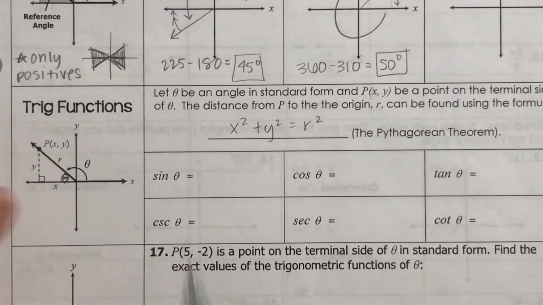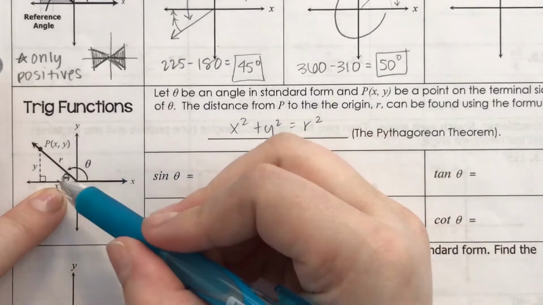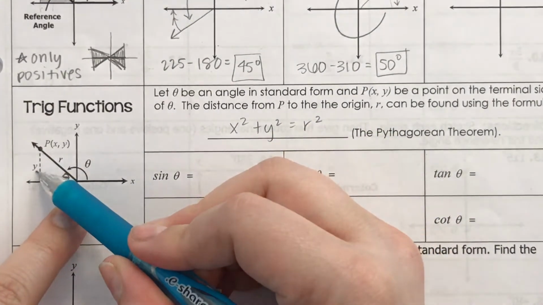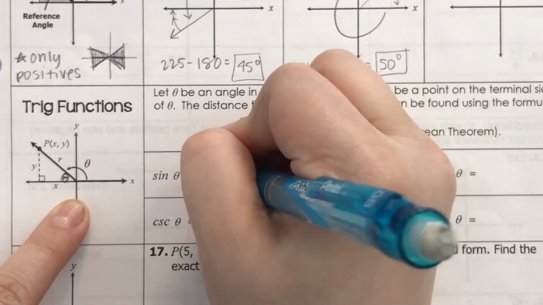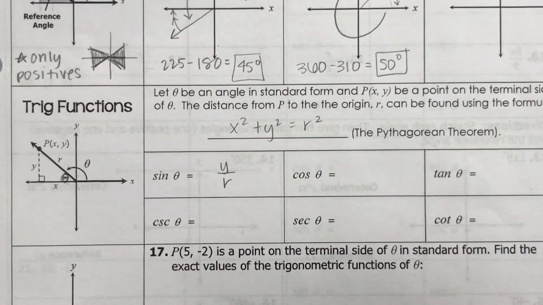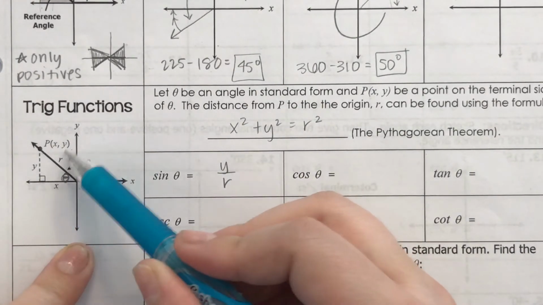Okay, so the sine of this theta is opposite over hypotenuse, so y over r. Cosine of this theta is adjacent over hypotenuse, so x over r.